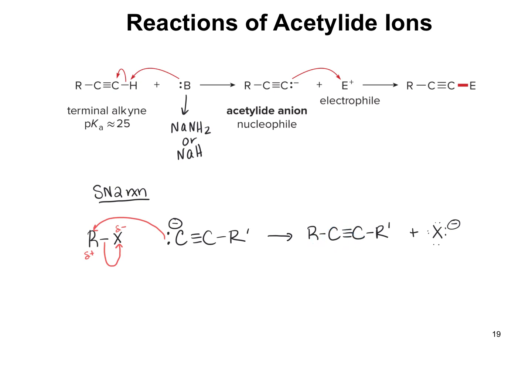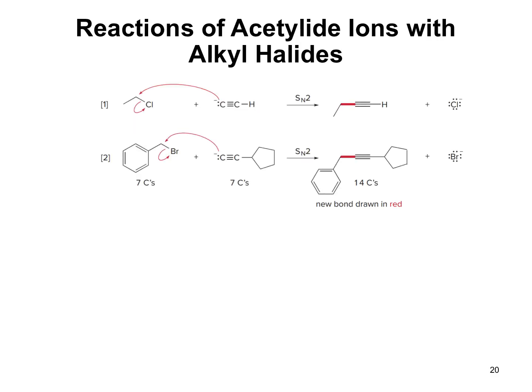Now, let's look at some specific examples. The mechanism of substitution here is SN2, which is what we showed. And so it works fastest with primary and methyl alkyl halides, or it will also work with a benzyl halide here, because this will stabilize the carbocation that's formed through resonance. So we will also see that as well.